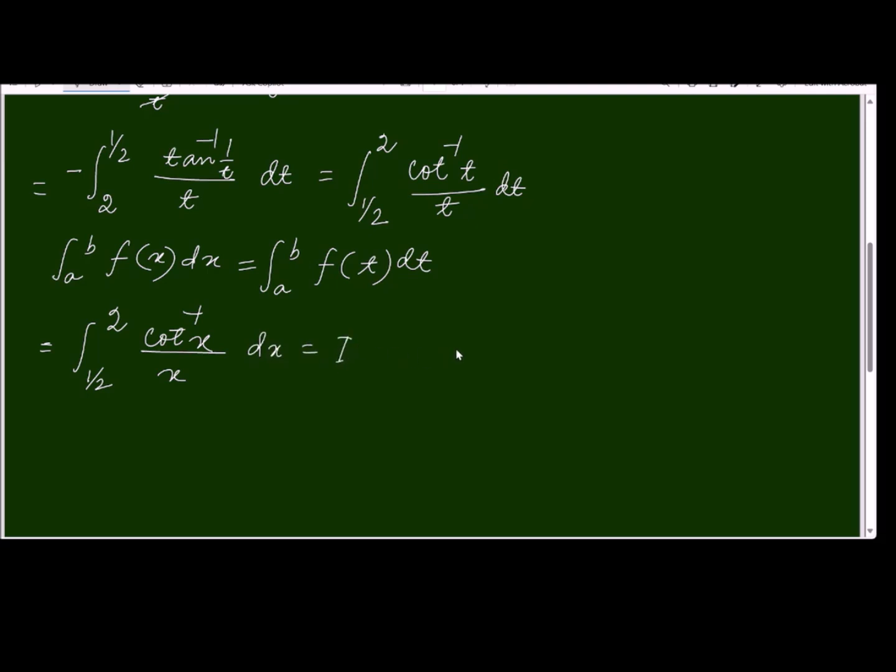New I, and the original I was given as half to 2 tan inverse x over x dx.